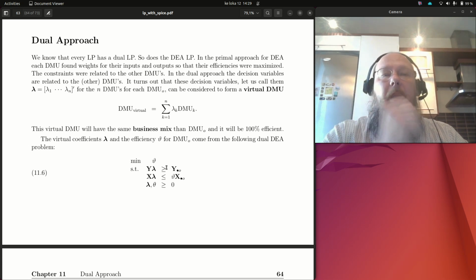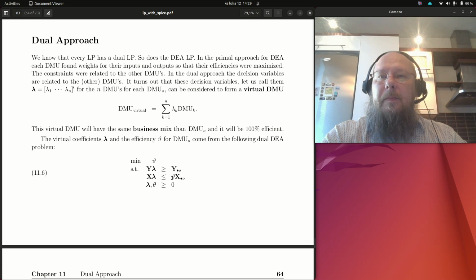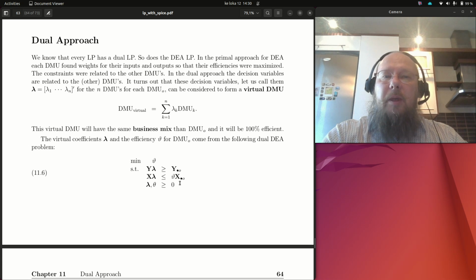And the inputs go the other way around. Again, this is the virtual DMU, inputs x times lambda. They should be less than or equal to the inputs that I have if I scale my inputs with theta. So if this theta happens to be 1, then I have a virtual DMU whose outputs are better or as good as the DMU under consideration, and whose inputs are worse or equal.